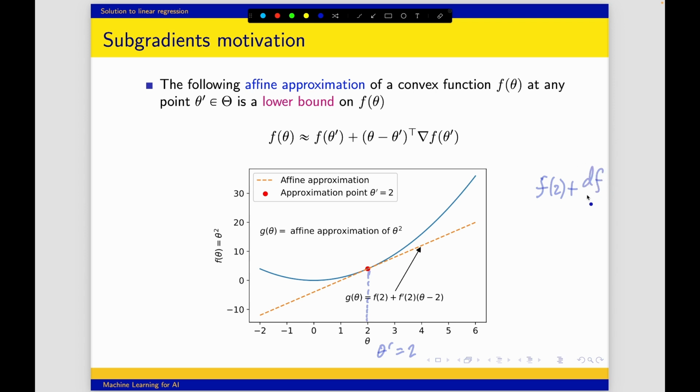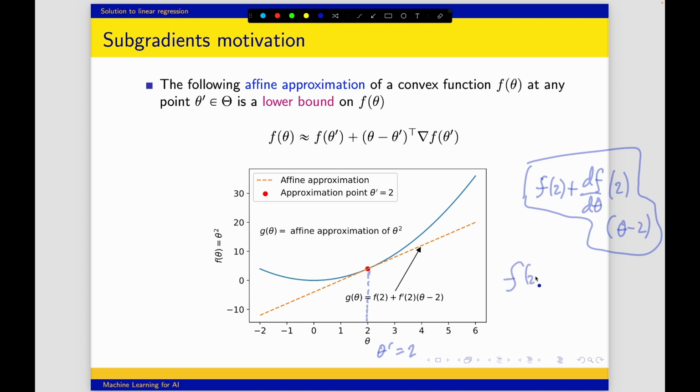Let me write that out. df by dtheta at theta equals 2, right, times theta minus 2. This is our affine approximation. The function f of theta, theta squared, will always lie above this at this point. So what does this look like?